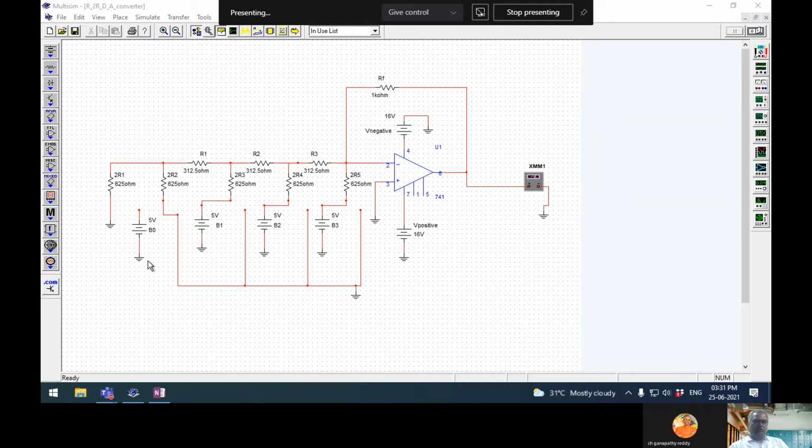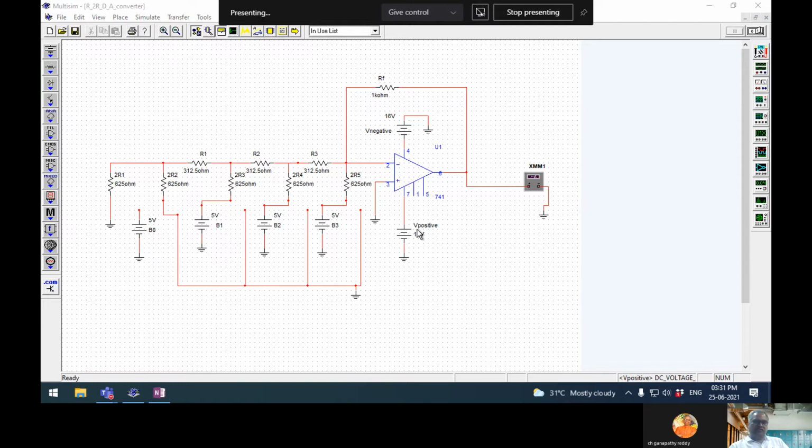One side has a 5 volts power supply, the other side is connected to ground. And this RF is 1K. Pin 4 is connected to the negative power supply, pin 7 is connected to positive. I have purposefully taken 16 volts because the highest value is 15 and I should take more than that.